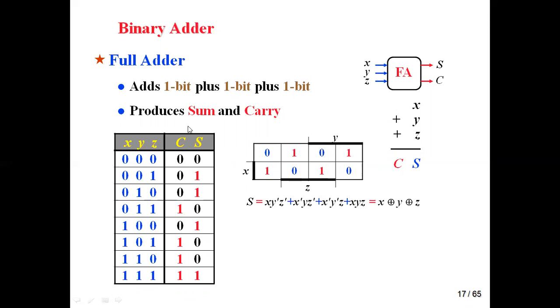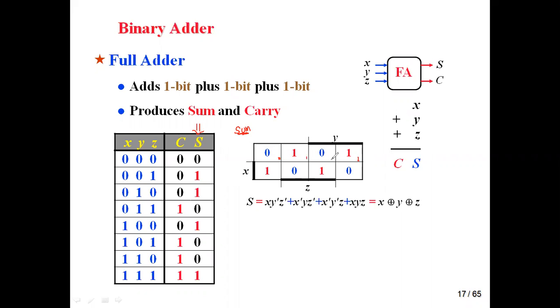For sum first, I take this one. This is sum alone I take. For sum, the Karnaugh map reduction is given here. So 0, 0, 0. It is 0, 1, 2.